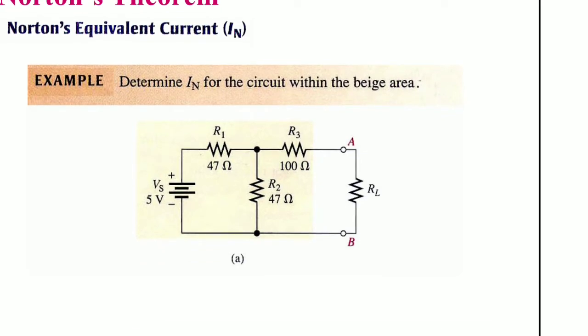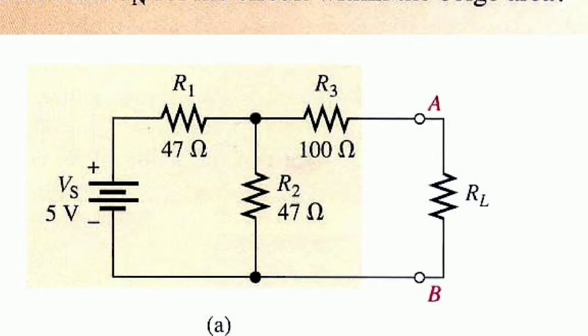Here the given circuit has a 5 volts supply, R1 is 47 ohms, R2 is 47 ohms, R3 is 100 ohms, and the load resistance is RL across the AB terminals.